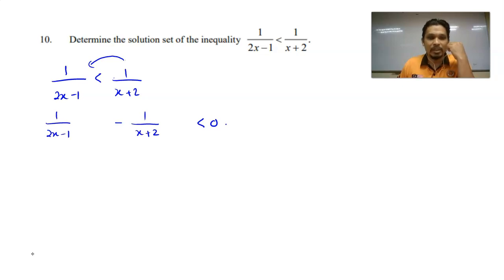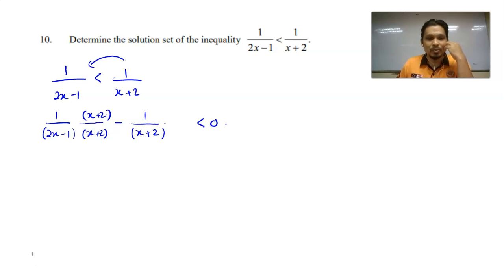So before we can join this up into one fraction, we must make sure that the denominators are equal. In that case, we are going to multiply by 2x minus 1 and x plus 2 here and also here.